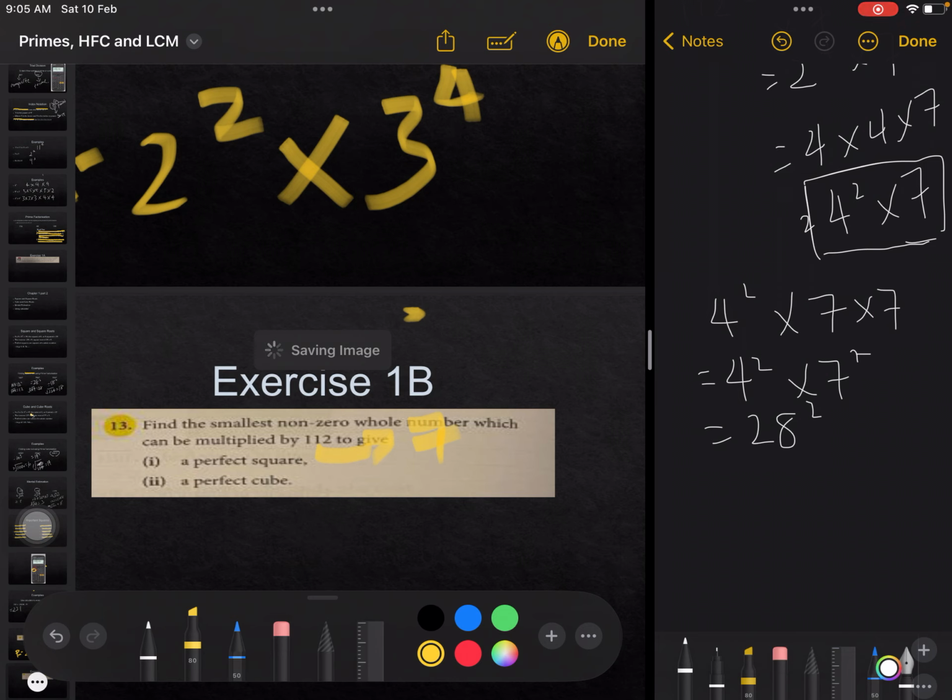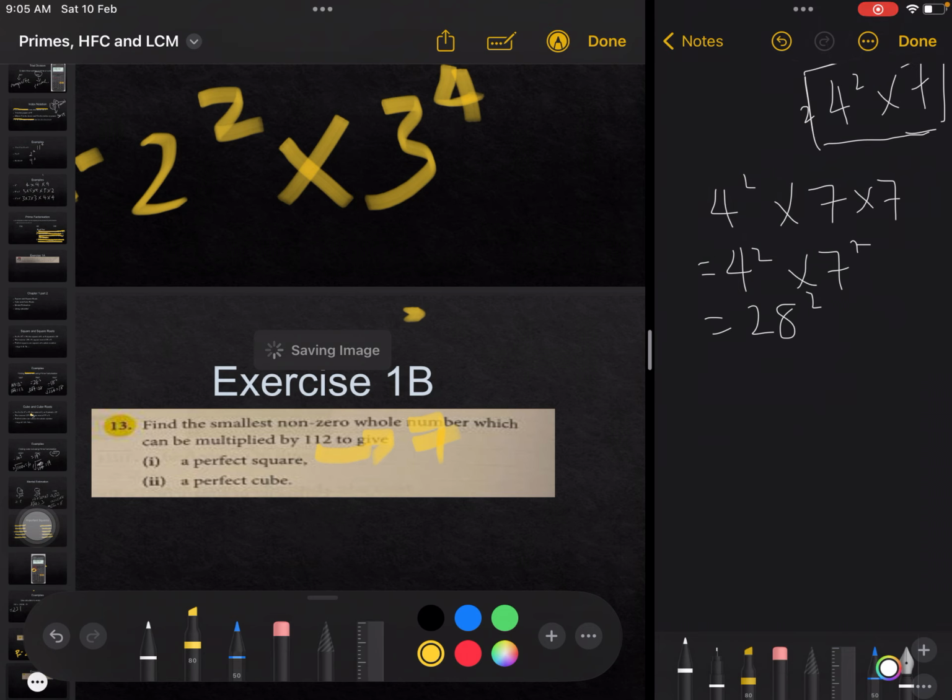Then again we work on this. So 4 square times 7, but we want it to be a perfect cube. Here we are short of 4. So we need 4 square times 4, which is the missing 4, times 7. So 7 we need to times 7 square.